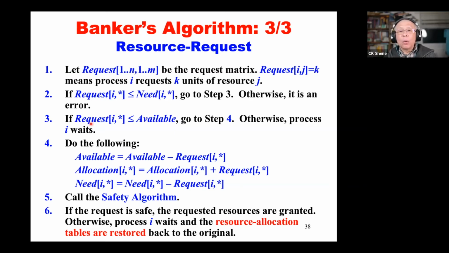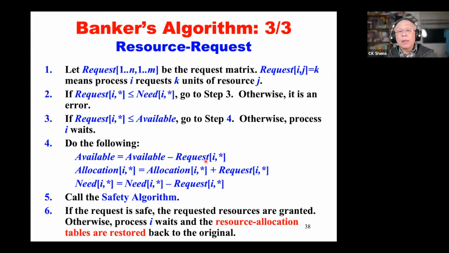But even though process i's current request is less than or equal to available, it does not mean process i can get the resource, because we need to verify that after this allocation, the system is still safe. So the resource request does the following. It pretends that this resource can be allocated. So we take the request out of the available, updating the available by removing process i's request.